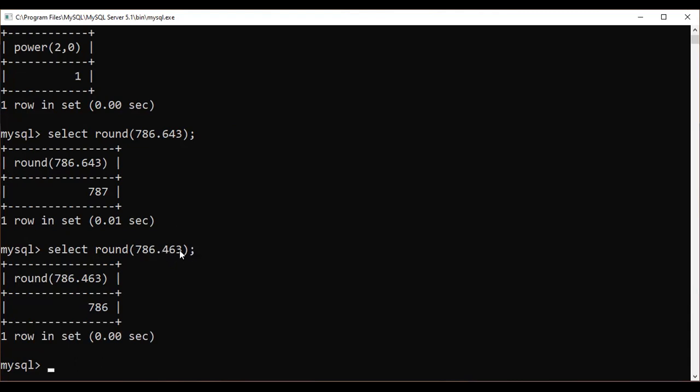You don't need this decimal part, 463. But for the first number, you check whether it is greater than or equal to 5. No. So there is nothing to be added to the ones place, and hence you got the output as 786. Now coming to the third function, the round function with the number of decimal places specified.